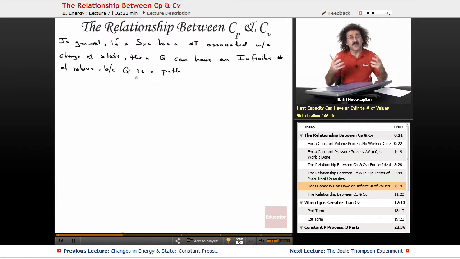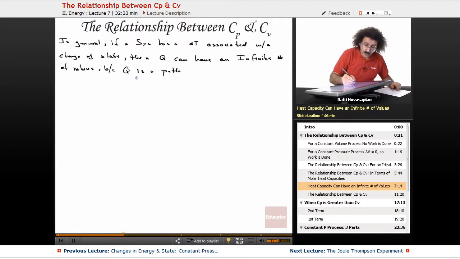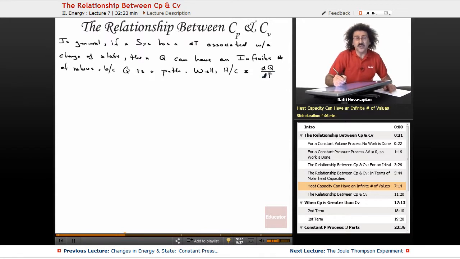There are a bunch of ways that heat can transfer. The heat transferred can have an infinite number of values. Well, heat capacity is defined as the change in heat per the change in temperature. Well, if the quantities for heat have an infinite number of values, the truth is, for a given change in temperature, there are an infinite number of heat capacities.